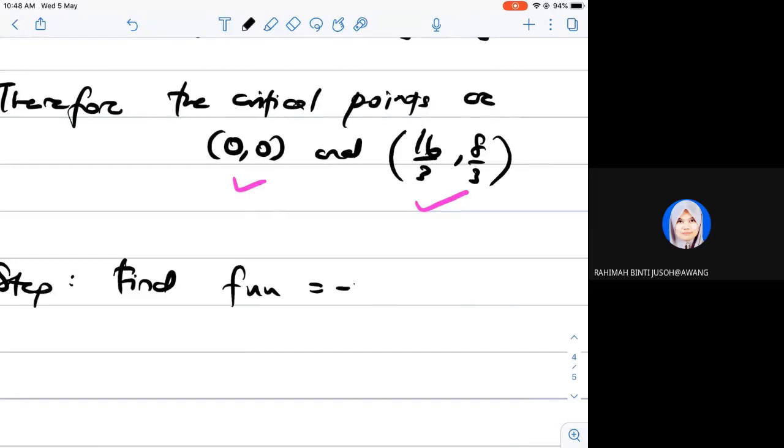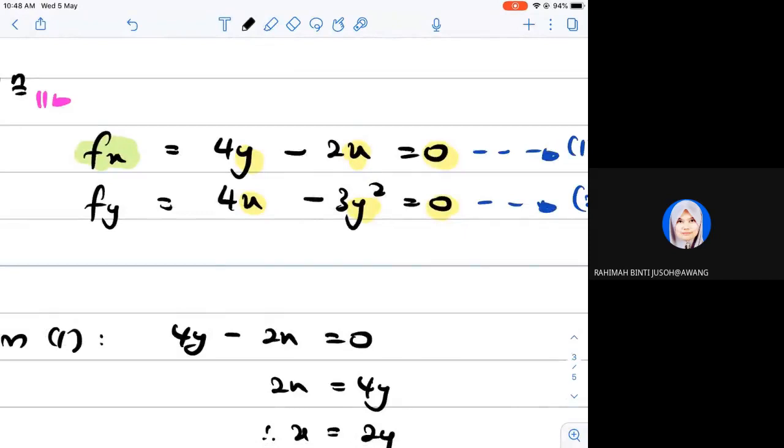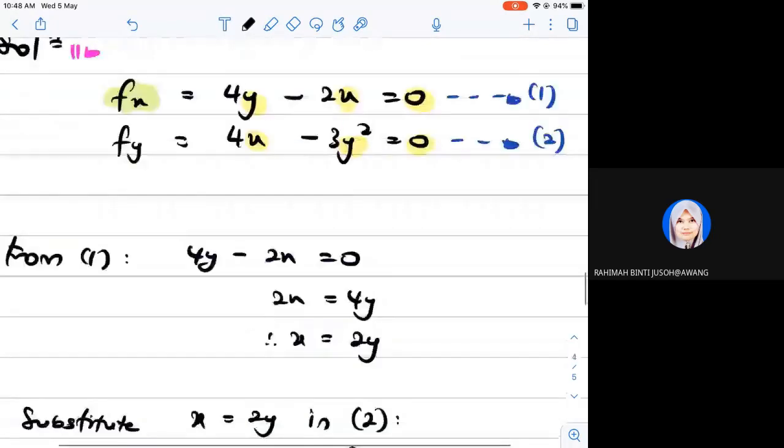So dapatlah negative 2. Ni constant lagi guys. Kita tak jumpa lagi yang ada variable. And then cari fxy, differentiate terhadap y pula, dapat 4 kan. 4y, so dapat 4 lah.